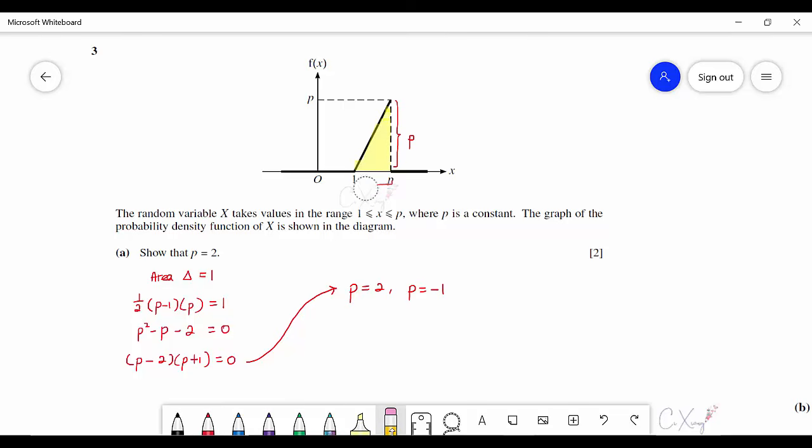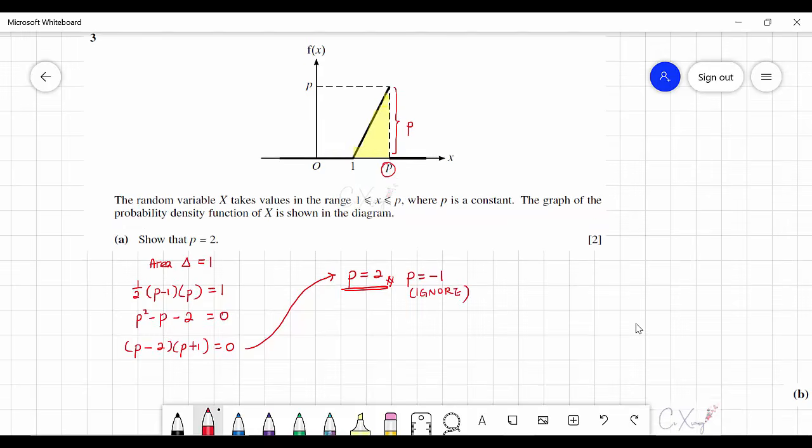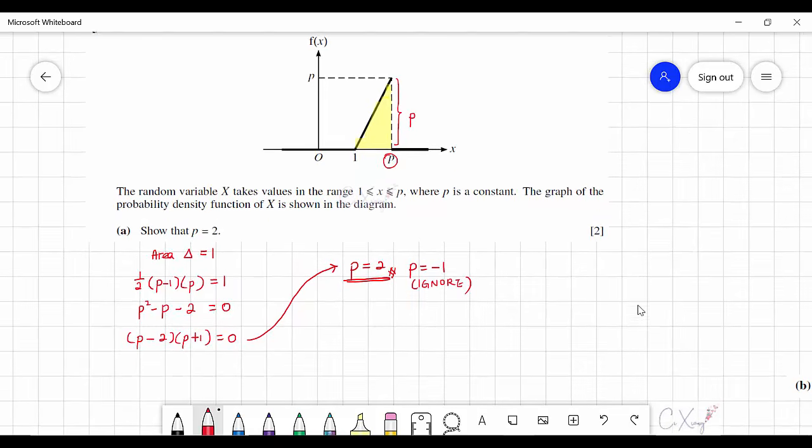If you refer back to the graph, you can see that p should be a value on the right-hand side of 1. So very obviously -1 is a wrong answer. We will ignore p equals -1, and our p is equal to 2. So from here, you have shown what they wanted us to show. Now we need to go to part 2.